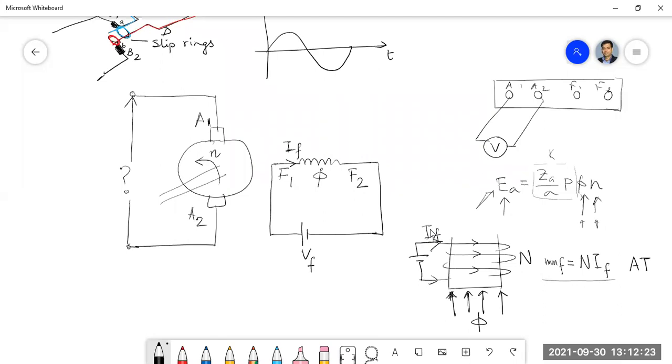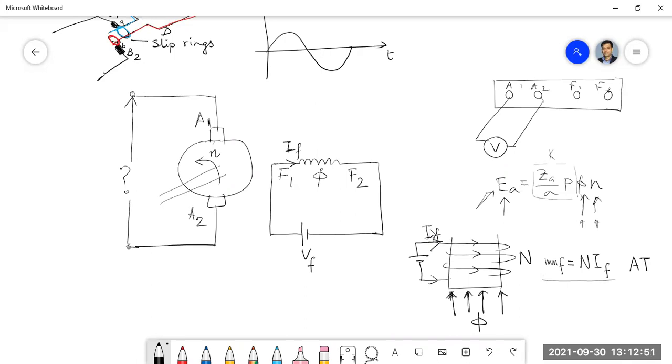Now this MMF will generate the flux. How? Because MMF in a magnetic circuit is just like EMF in an electric circuit. In an electric circuit, if we have EMF, we can get current if the circuit is closed and the resistance is finite.